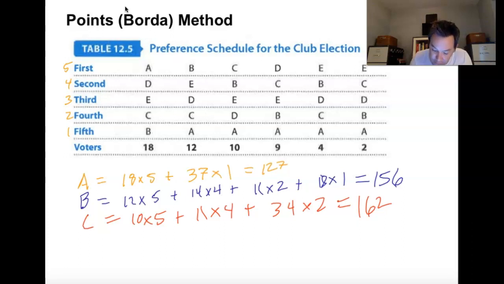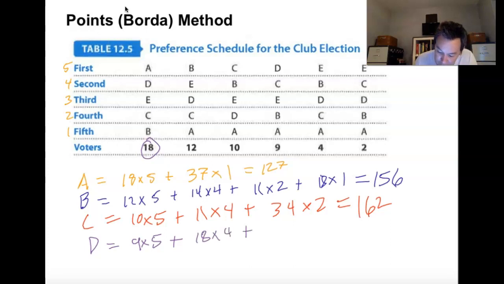All right, let's do candidate D. First place votes, candidate D has 9. So 9 times 5 plus. Second place votes, candidate D has 18. So 18 times 4. Third place votes, candidate D has a few of those. 12 plus 4 plus 2, that's another 18.